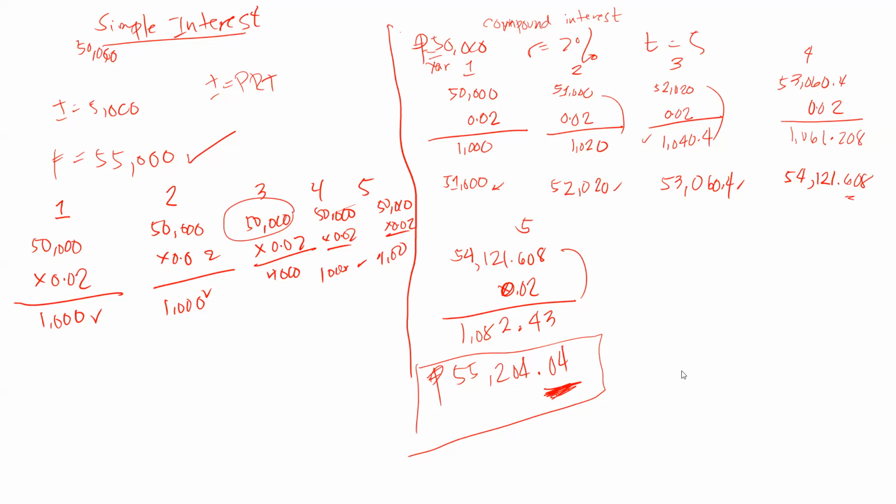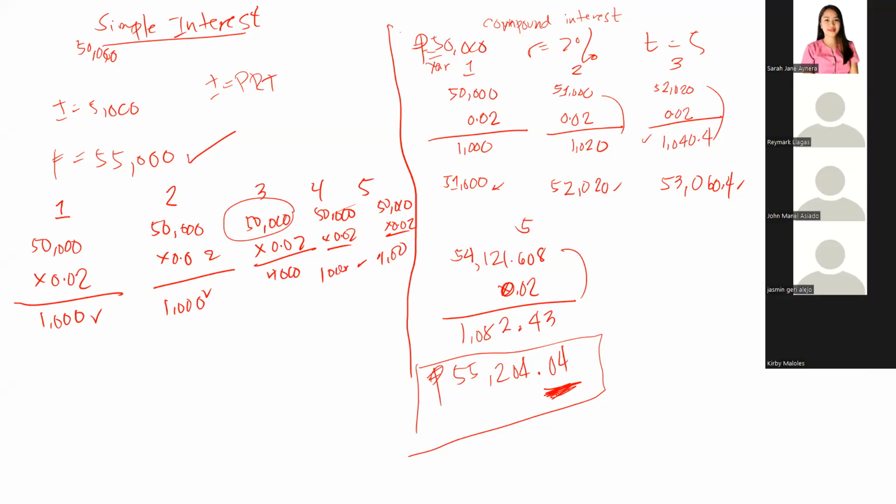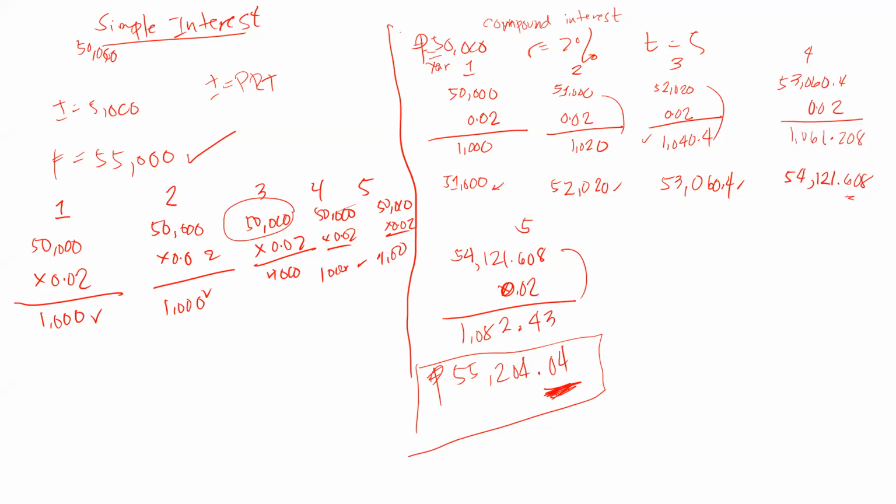Mas dakula ang tubo mo. Ito ang pinagkaiba kang simple and compound interest. For compound interest, no need kaining mano-mano na pag-compute. Ika kita ang formula para digdi. I-review na lang sa book yaon duman sa formula for compound interest. So that is the difference between the simple and compound interest.